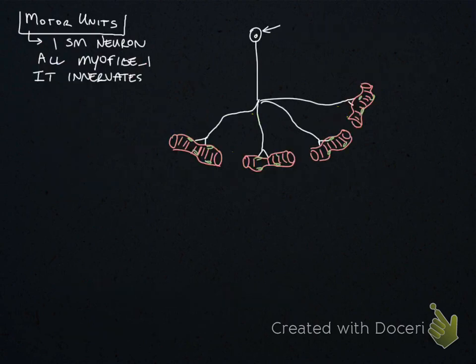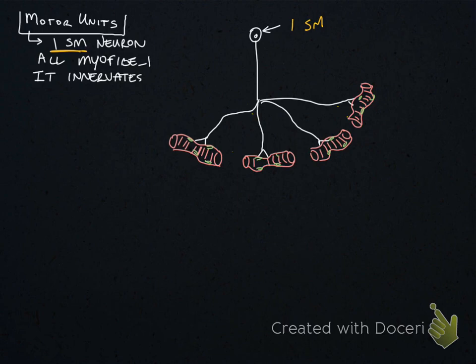Now with motor units, there are some rules that we have to follow. Motor units are one somatic motor neuron, and all the myofibers it innervates. So I have here one somatic motor neuron, and then these are the 4 myofibers or muscle cells that it innervates.